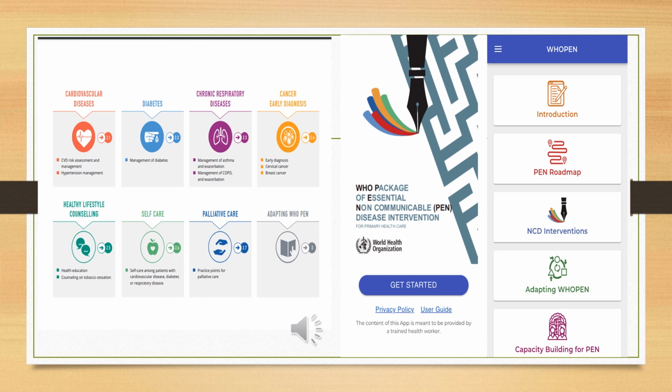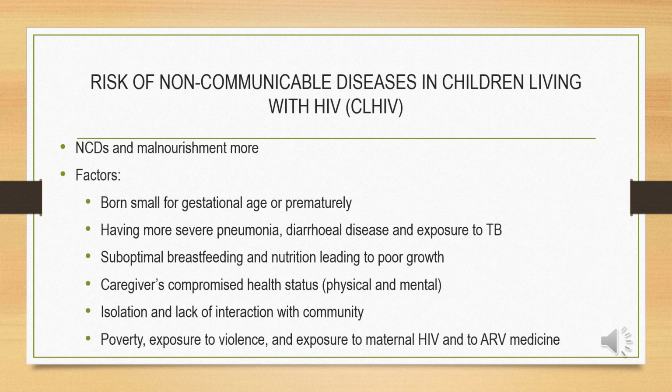Children living with HIV are also at increased risk of developing non-communicable diseases. Malnutrition is more common. The factors which make a child vulnerable to develop these diseases include prematurity, history of recurrent severe pneumonias, diarrheal diseases, exposure to tuberculosis, suboptimal breastfeeding and nutritional deficiencies, which lead to poor growth.